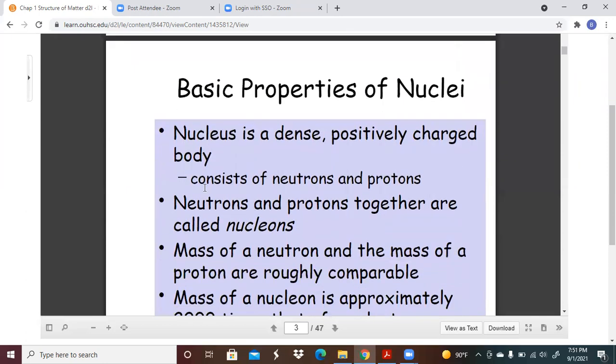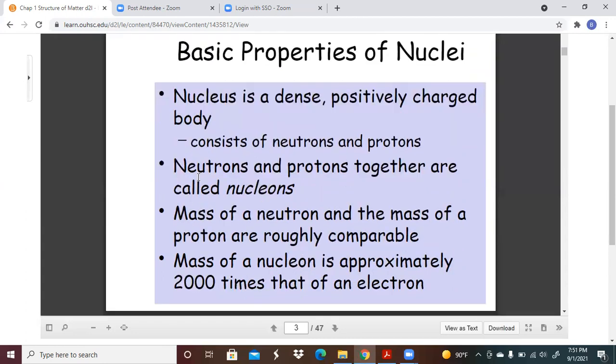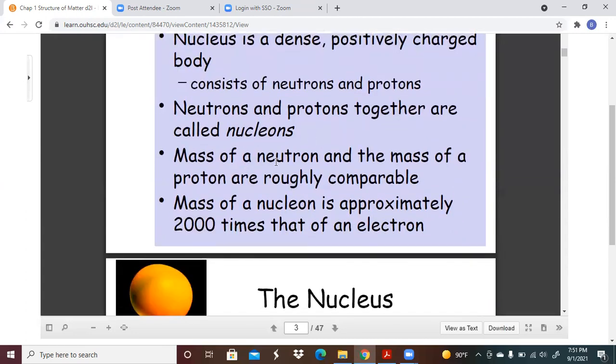So, basic properties of nuclei. The nucleus is going to be a dense, positively charged body. It's going to consist of neutrons, which have no charge, and protons, which have a positive charge. If you group neutrons and protons together, they're going to be classified under one name called nucleons.